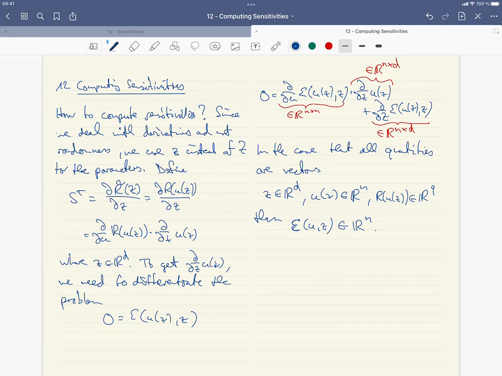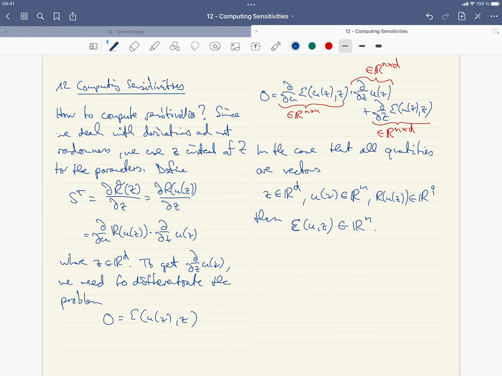And if you remember the implicit function theorem, what you do is you make an assumption, namely that this object here, the Jacobian, is invertible, because then we can compute what we want. Namely, remember, we are interested in this one to put it into this formula here. So we assume unique solvability.